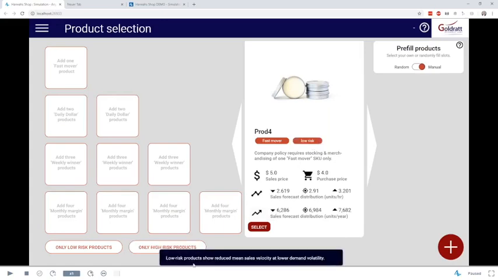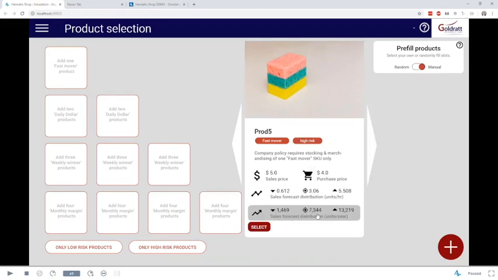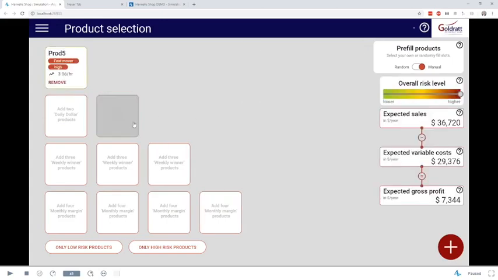If you click on it, you'll also get a help message. Low risk products have reduced mean sales, but also less volatility. High risk products will sell more on average, but they'll also have a massively higher volatility. So it's your call how you want to select and create your product profile.